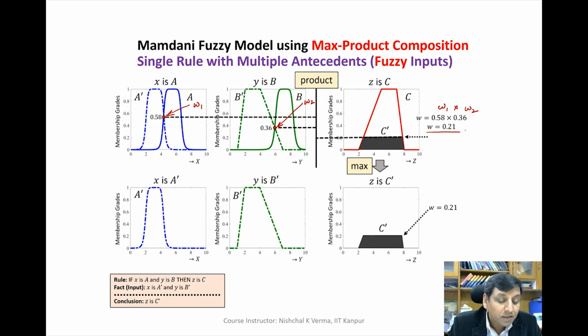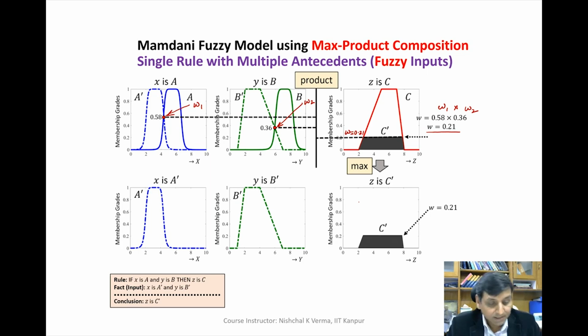We are getting 0.21. So since we are getting 0.21, we truncate the membership value with this weight value, which is 0.21.